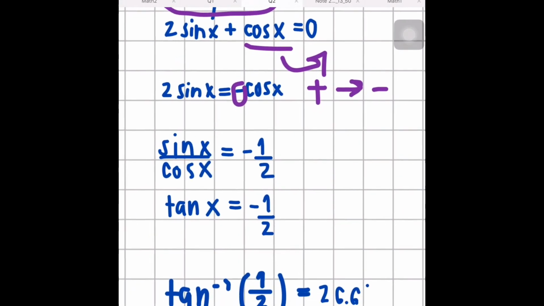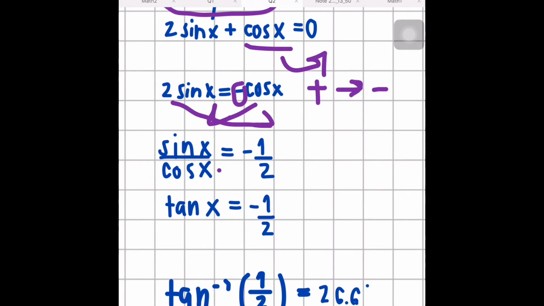Then divide cos on one side and 2 on the other side. It will be sine x over cos x equal to negative 1 over 2.